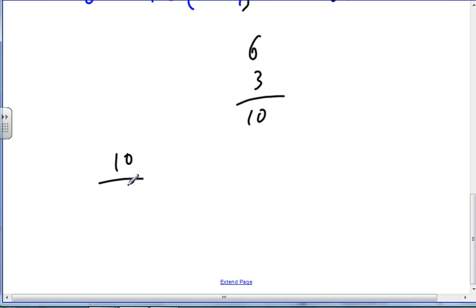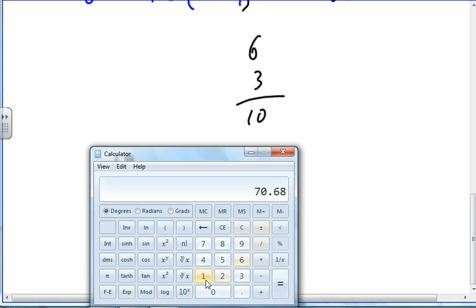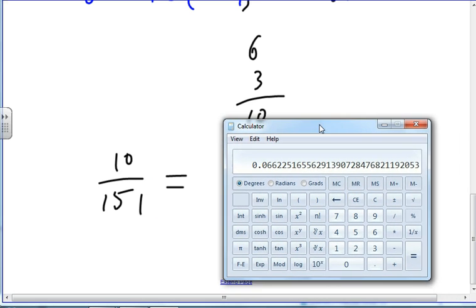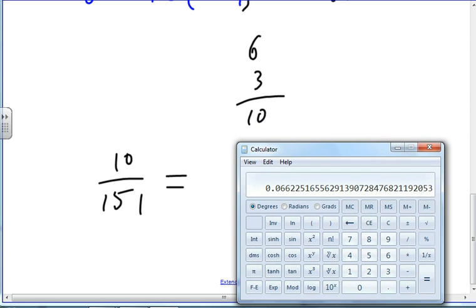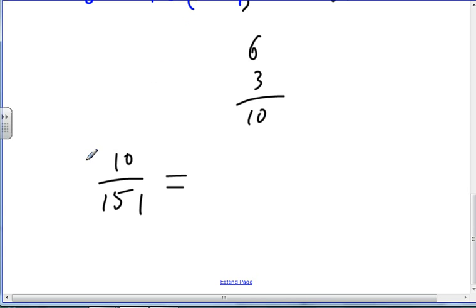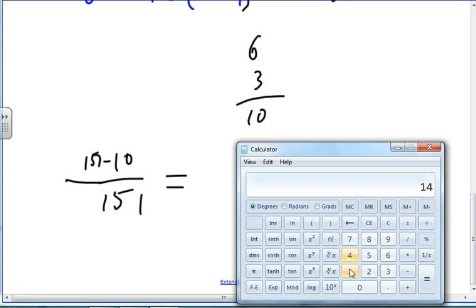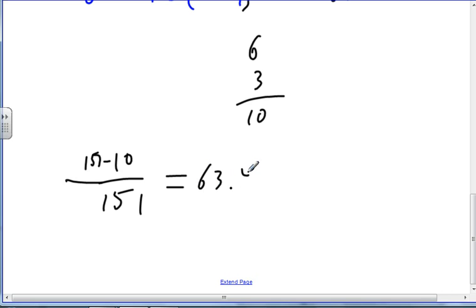So 10 out of 151. 151 minus 10, so 141 divided by 151 equals 93.4%.